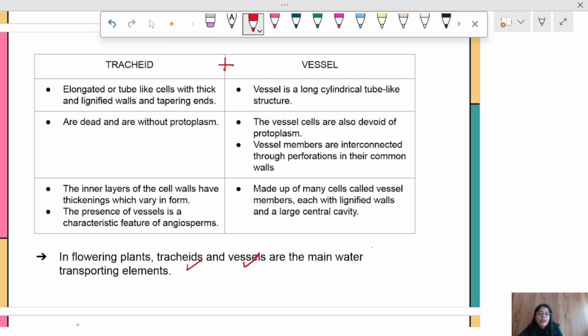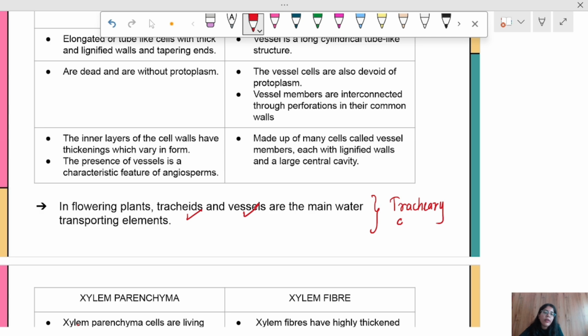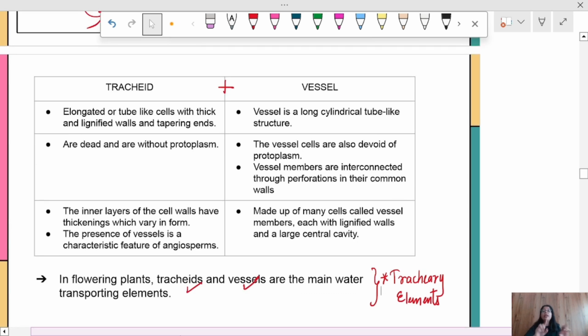Since they actually transport the water throughout the plant body, they are called tracheary elements, okay.